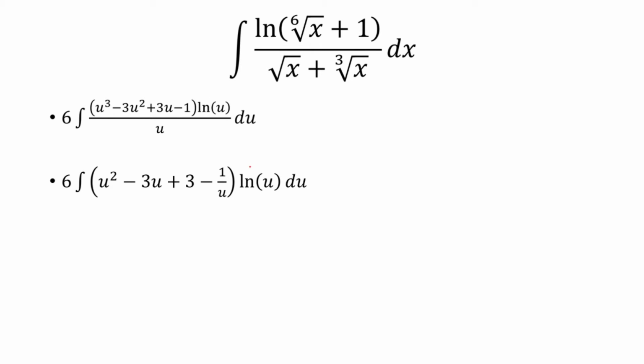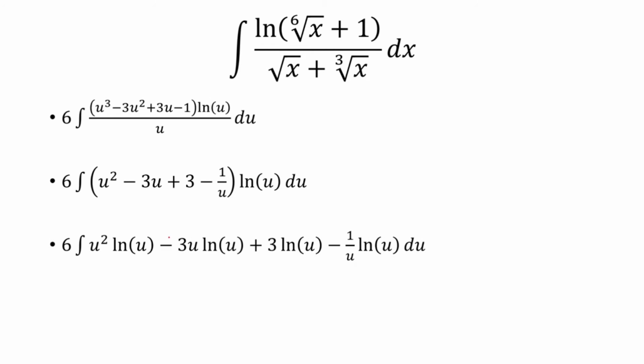Next step, we want to distribute the natural log to get this. At this point, it's a bit frustrating because you need to integrate each one of these. I will integrate the first, second, and last, but for this one, I'm going to use the fact that the integral of ln of u du is just u ln of u minus u.